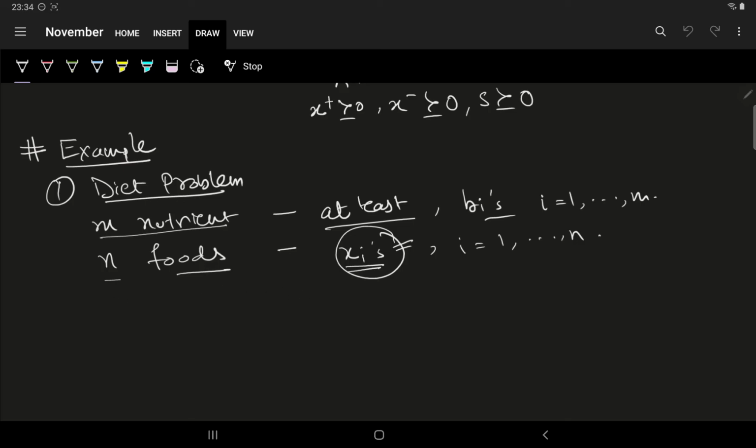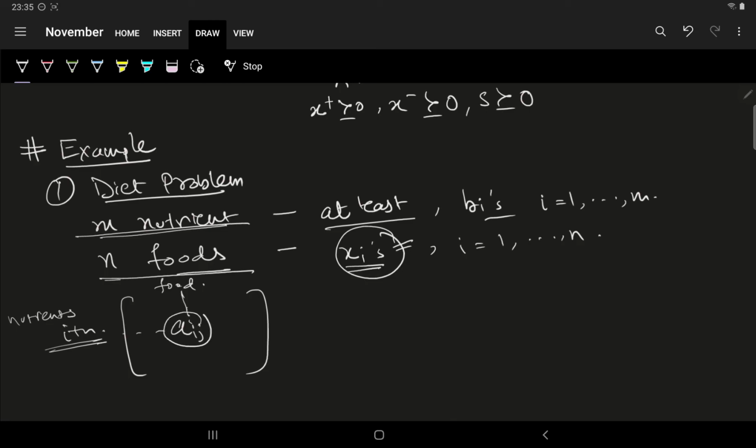Okay, so there are n foods and m nutrients, and then there is a matrix, the A matrix, where the ith row is for the nutrients and the jth column is for the food. So a given food has a given nutrient in this amount, A_ij. This is the amount of that nutrient found in this food.